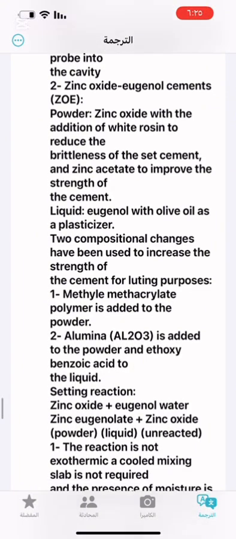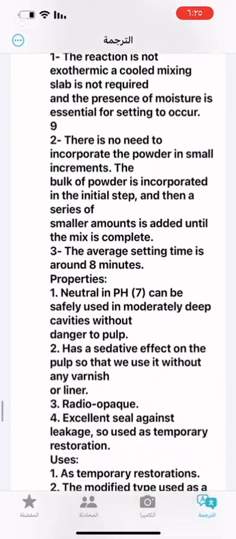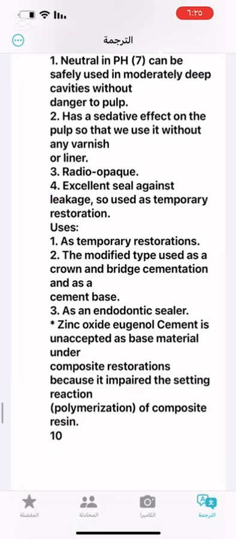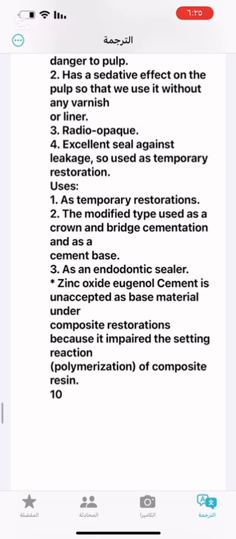Excellent seal against leakage, so used as a temporary restoration. Uses. 1. As temporary restorations. 2. The modified type is used as a crown and bridge cementation and as a cement base. 3. As an endodontic sealer.